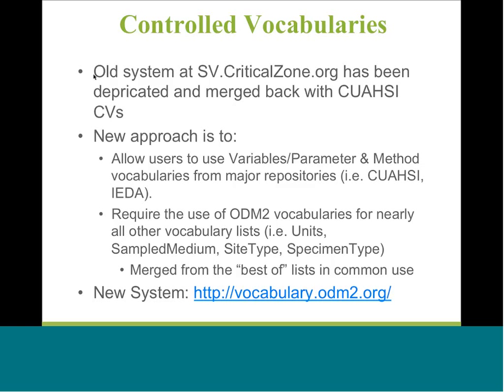And I'll just make a big plug for Jeff's team. He built the Quasi HIS system, handed it over to the Quasi Water Data Center, and also then mirrored it to the critical zone control vocabulary system. One of the best aspects of that was that it allowed the community to suggest new terms or suggest edits to terms.